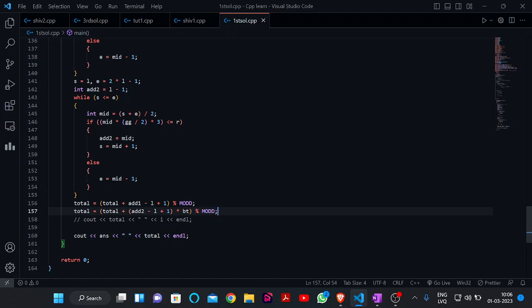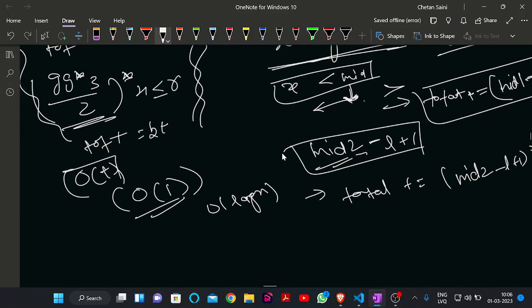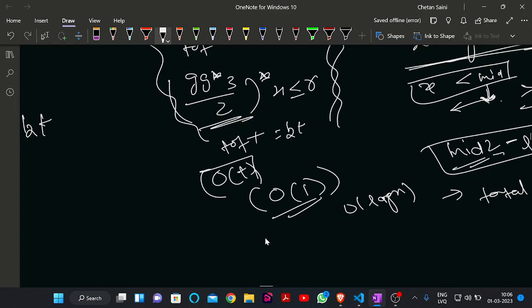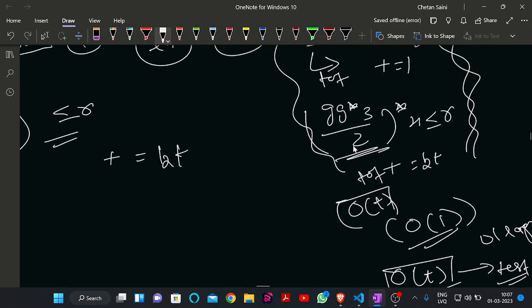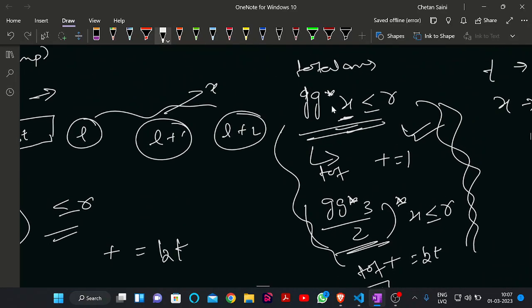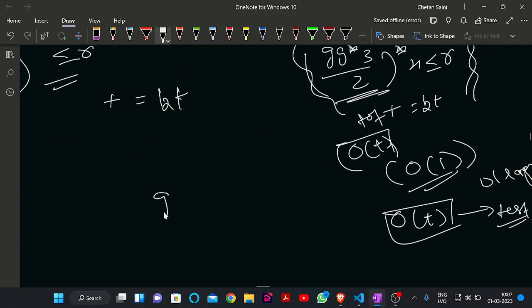This is the binary search solution, but this can also be done in O of 1, or rather O of t, which is only for the test cases. How can that be? We are checking the maximum possible number which follows this condition.